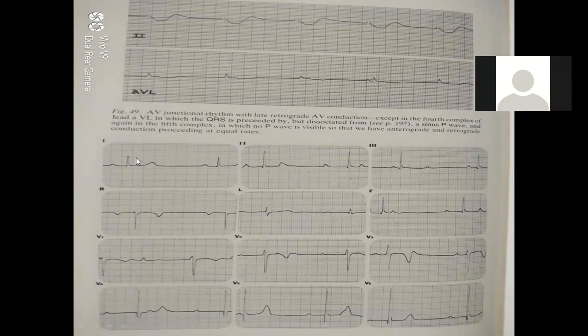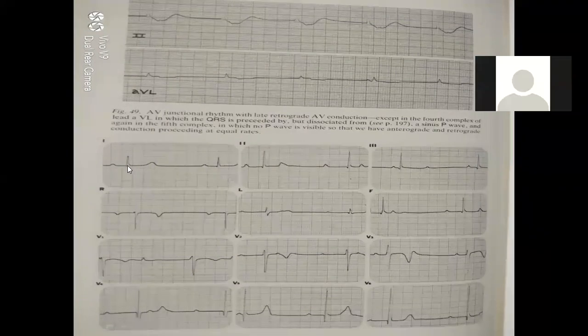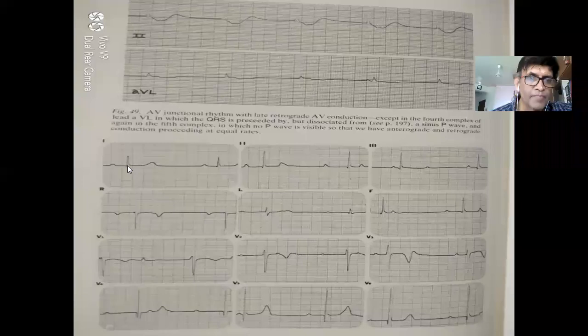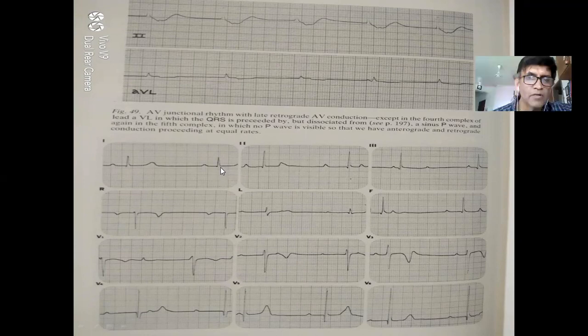Okay. Now lead 1. What is the upward R in millimeters? Approximately how many? 7 or 8? 7. So it is plus 7. But is there a negative deflection? No. Plus 7 plus 0 is 7.